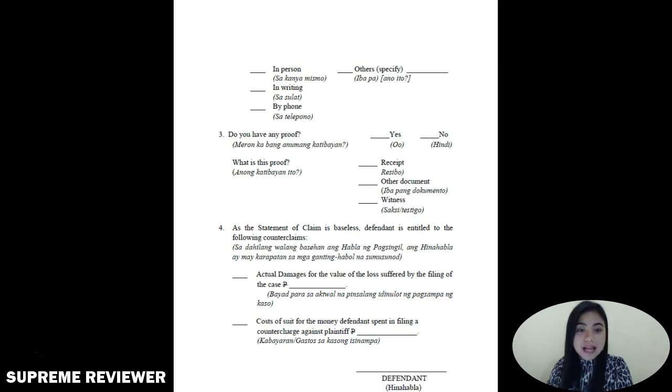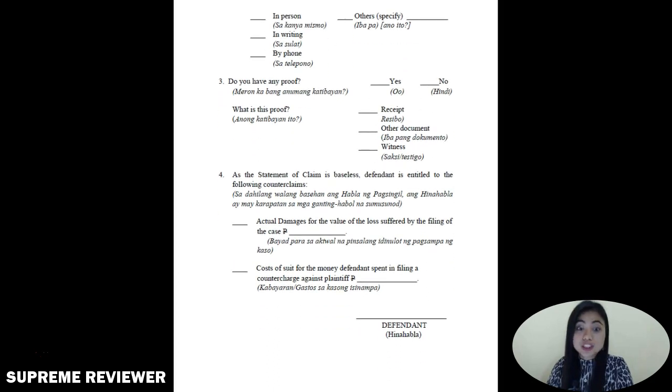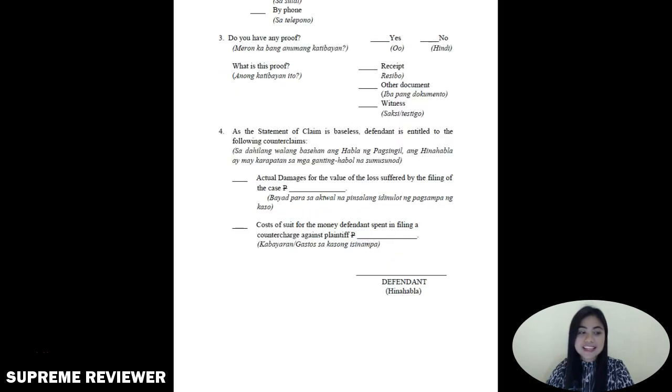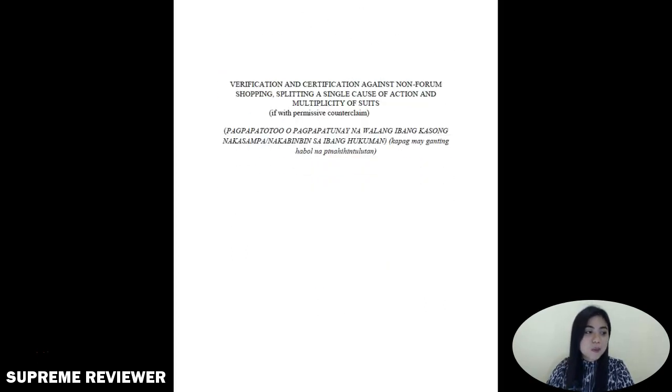So there are check blanks there that the defendant puts a check mark. Number 4, as the statement of claim is baseless, defendant is entitled to the following counterclaim. So see, a counterclaim may be indicated in the response form and the blank portion where the defendant indicates his signature. Likewise included, the verification and certification against non-forum shopping, splitting a single cause of action, and multiplicity of suits.